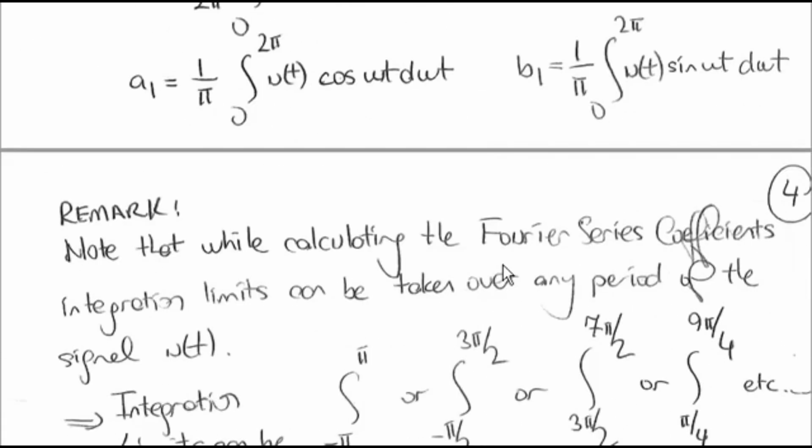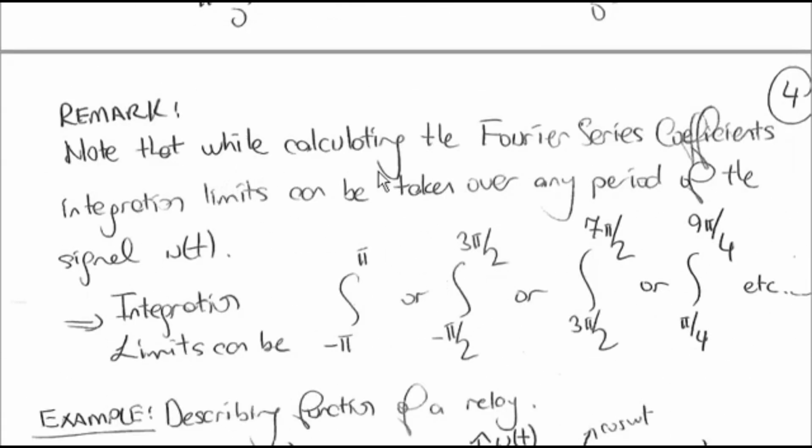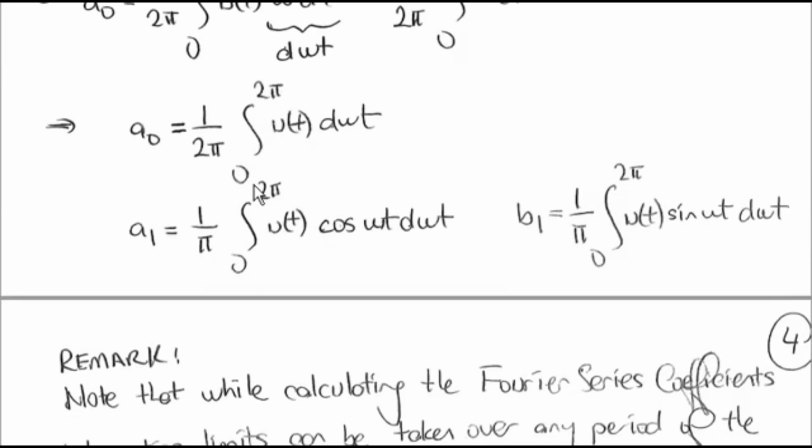Here I will make the same remark. While calculating the Fourier series coefficients, integration limits can be taken over any period of the signal. Here in the integration limits I have from 0 to 2 pi. But I can take these integration limits over any period of the signal.